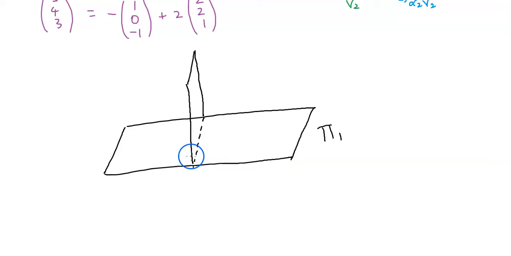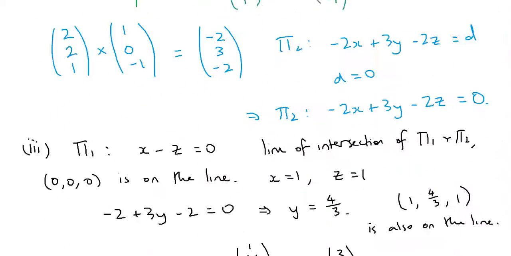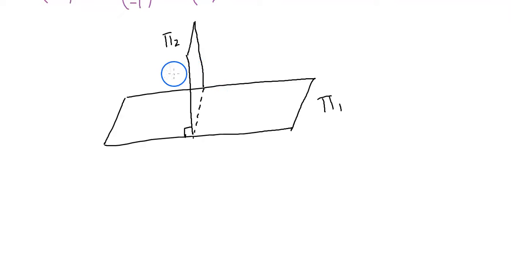So pi 2 contains the line (2, 2, 1) times the scalar. So let's say r equals s times (2, 2, 1).